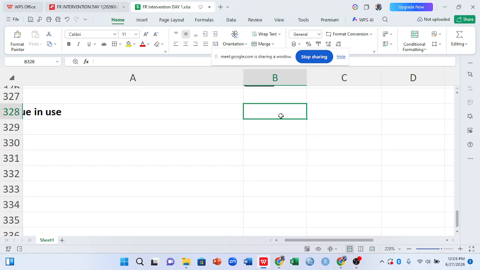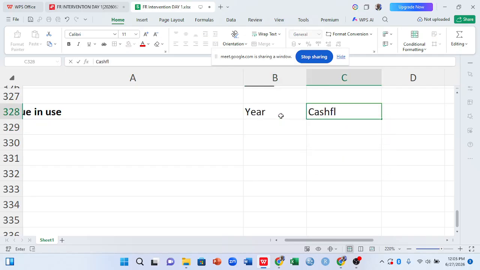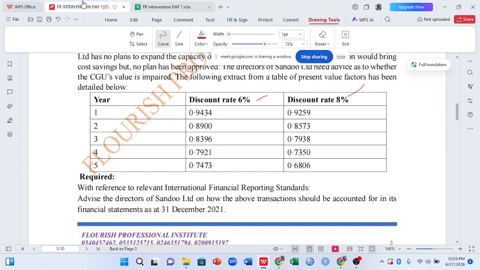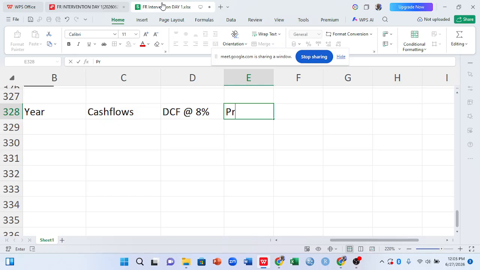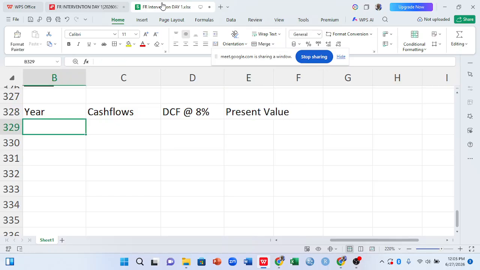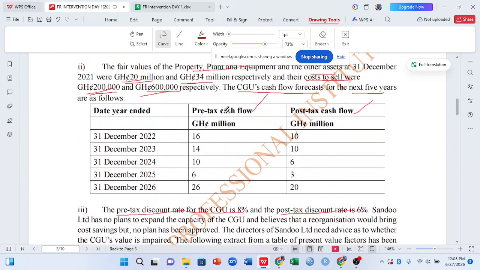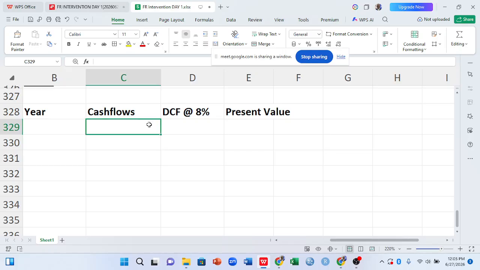To do that, we bring the year, cash flow, discounting factor at the rate. And here we say the rate is 8%. And then we multiply to get our present value. So we bring the respective years in this case, in millions.